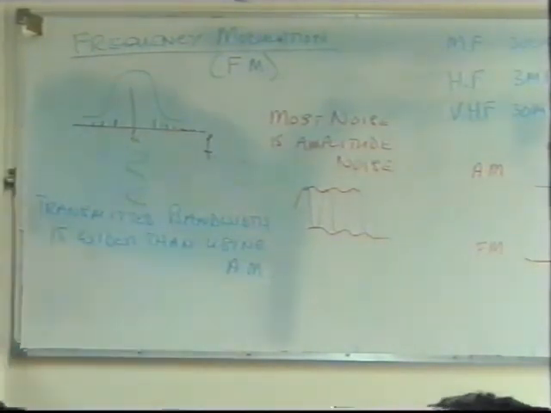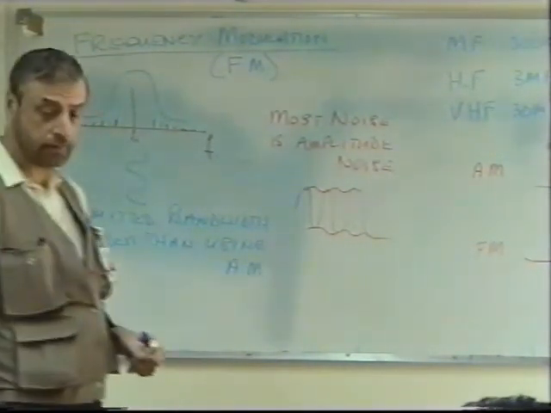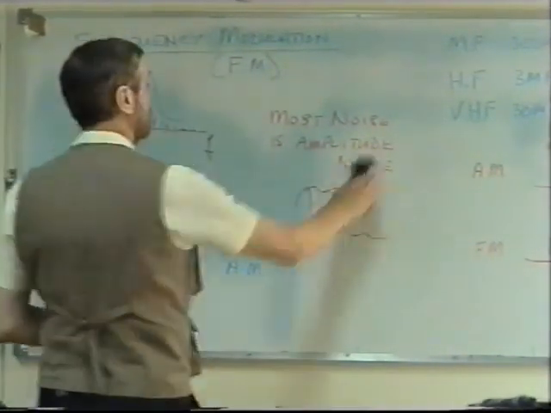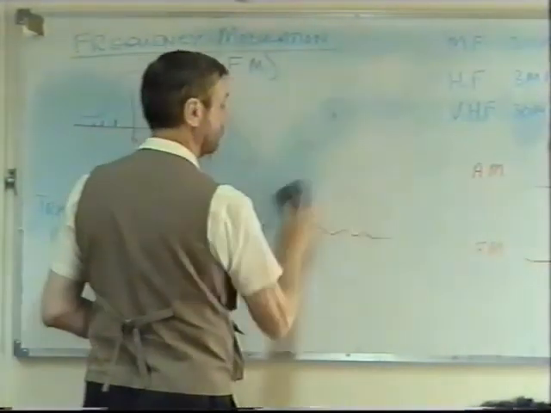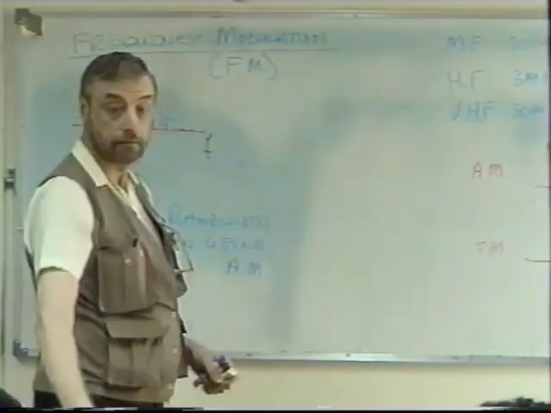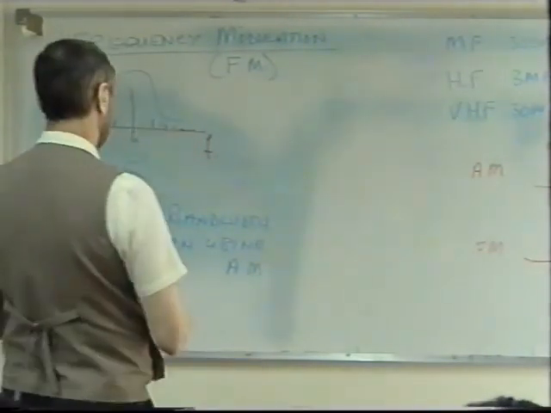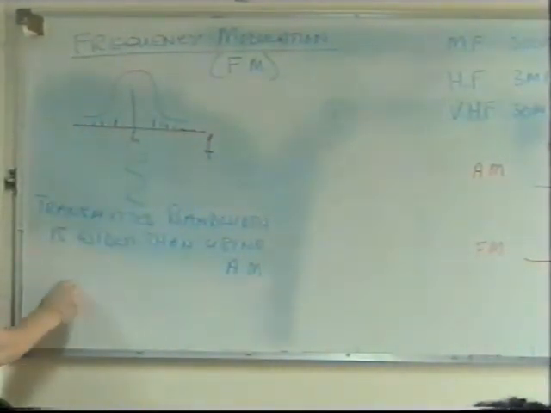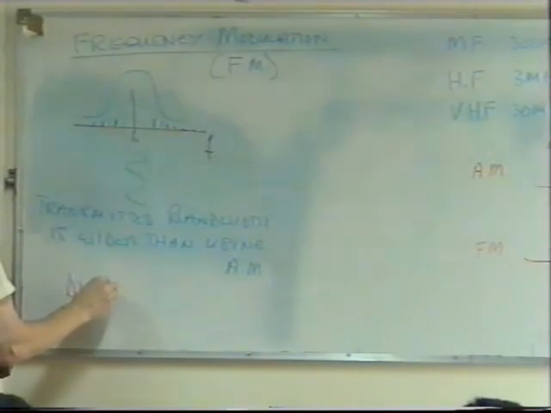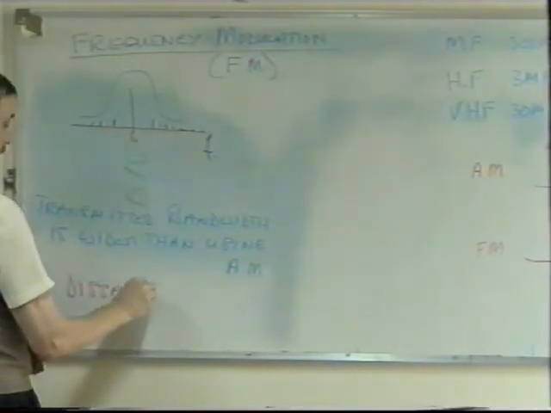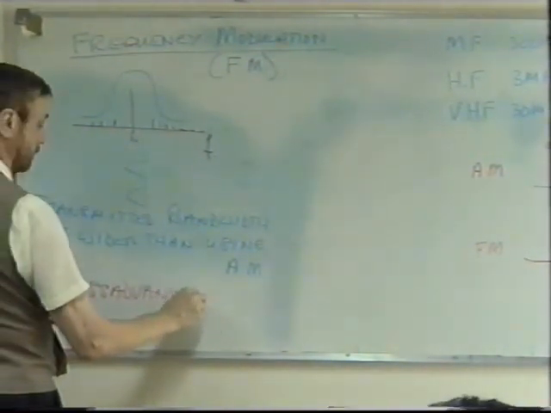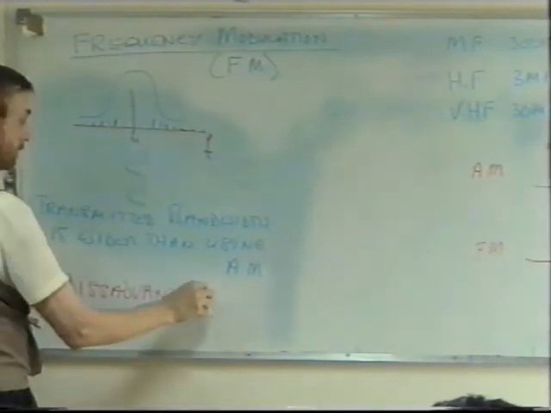So in an FM system, let me just write this down, the advantage is a better signal to noise ratio. So this is a disadvantage. So what's the advantage? I'm only going to mention the two things.